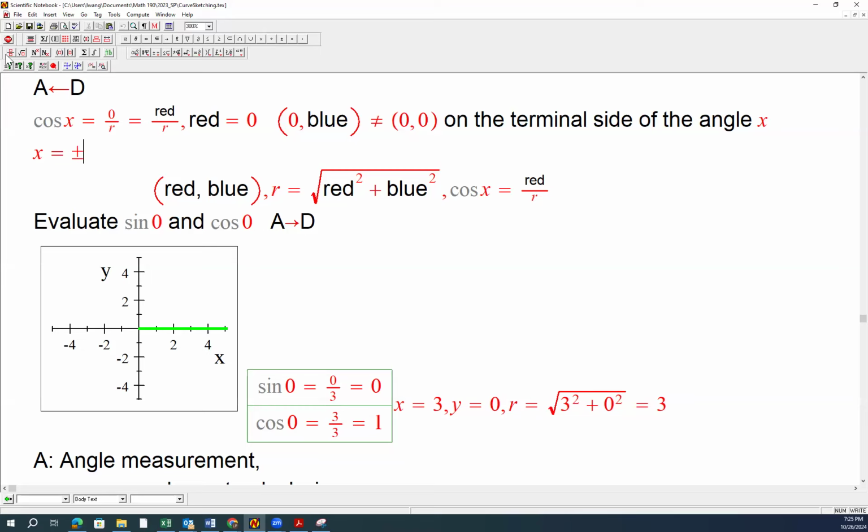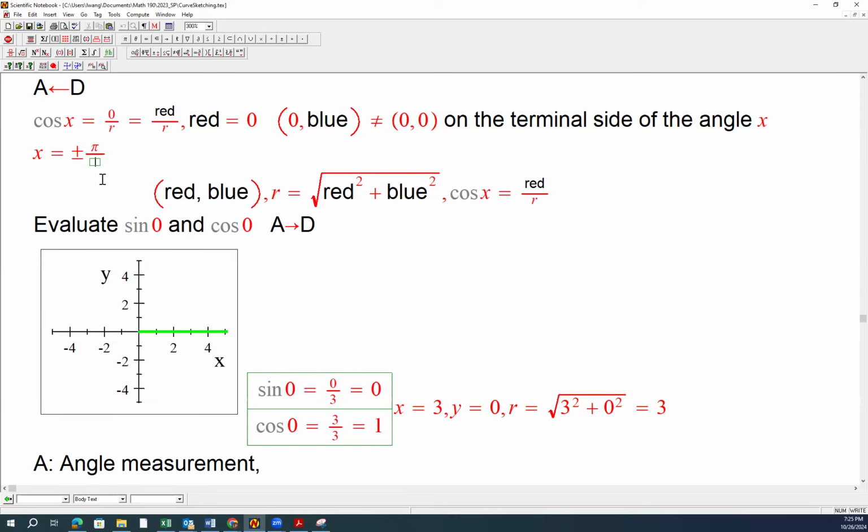So it's plus or minus pi over 2, plus or minus 3 pi over 2, and this list continues. So it's odd number multiples of pi over 2. So 5 pi over 2. Okay? So that's the solution to cosine x equals 0.